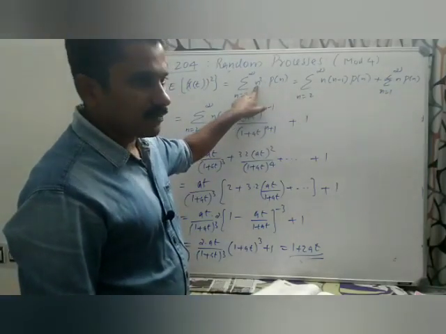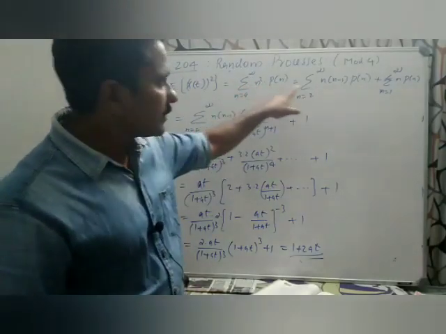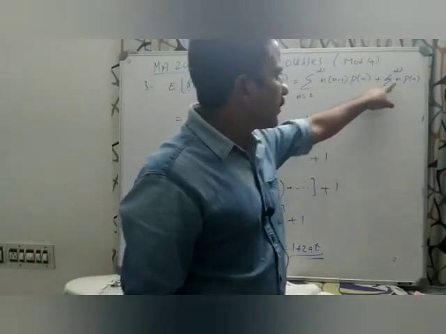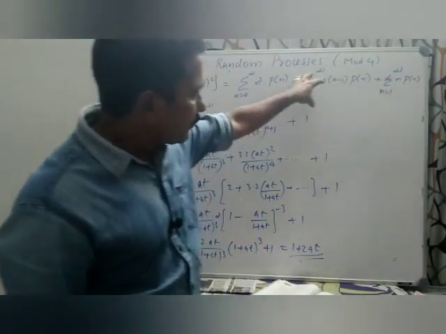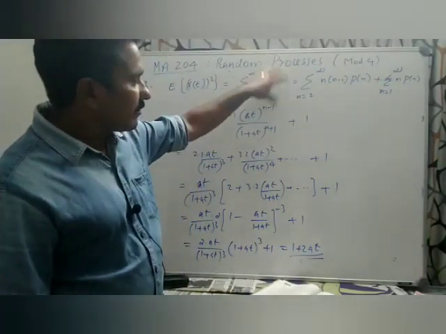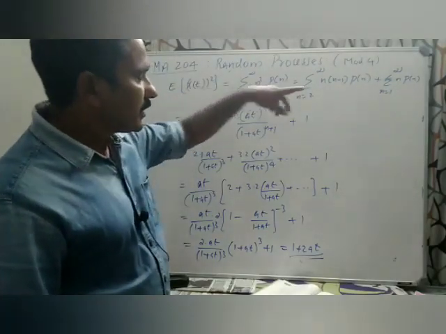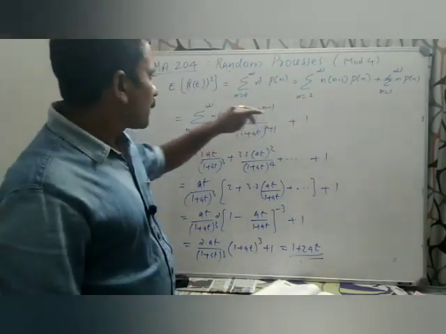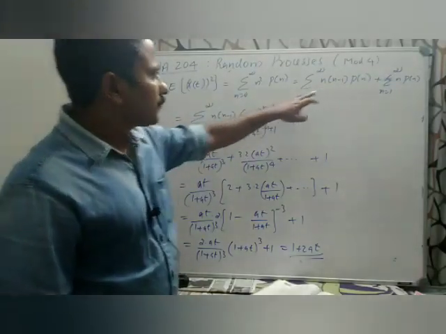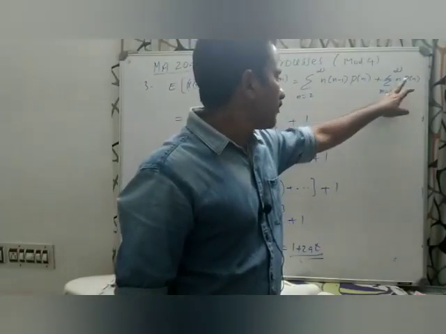And here we do an adjustment. We write n square as n times (n minus 1) plus n. Okay, the same kind of adjustment we have done in finding E of X square of the binomial distribution and Poisson distribution. So you substitute P of n here. This is what the expectation of X(t) is, and that is 1.